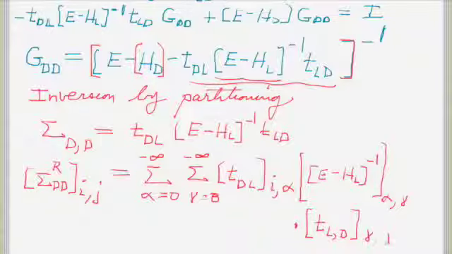So this would be the actual matrix multiplication you would be doing in terms of the actual indices. So i and j are in the device, alpha and gamma are in the left lead.